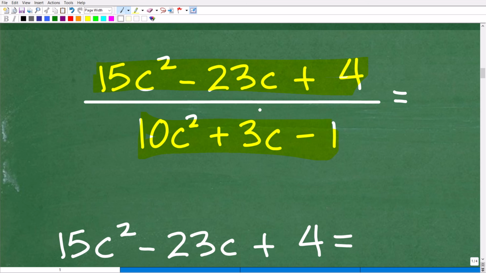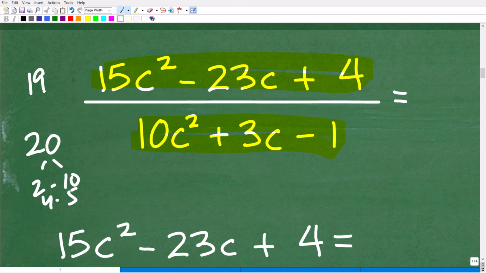Now, there's no guarantee that you're going to have like factors between the numerator and denominator, so you don't know how this will turn out. Don't assume every problem can be simplified. Number two, you don't even know whether these trinomials can be factored. If I give you a number like 20, I can factor it: 2 times 10, 4 times 5, no problem.